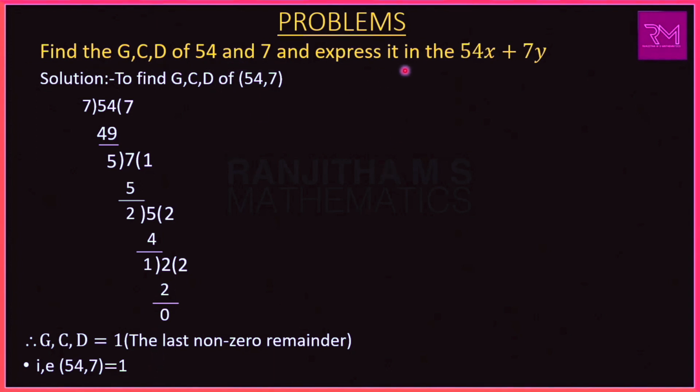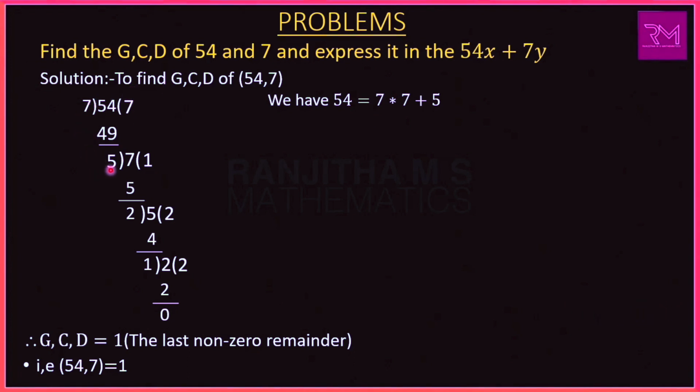Also we have to express this in the form of 54x plus 7y. So to continue, we have to continue the Euclidean algorithm procedure. With the help of the division algorithm, dividend is equal to divisor into quotient plus remainder.